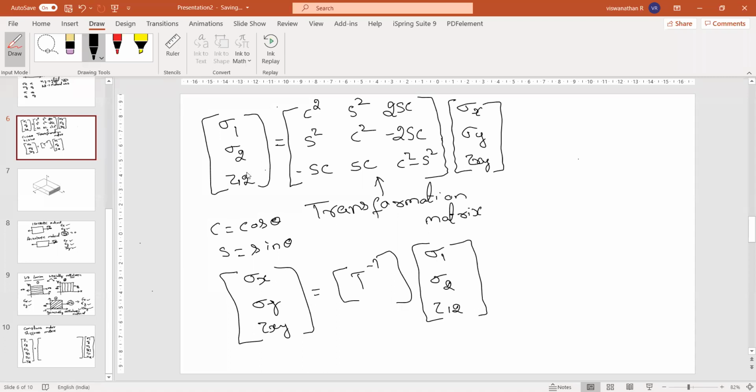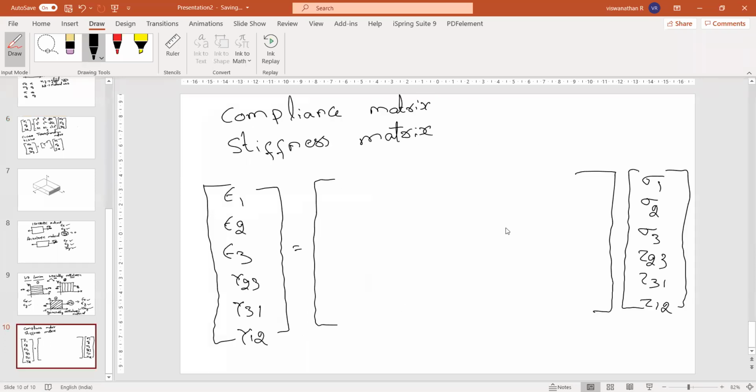It is used from the global stresses, you want to find the local stresses. So you use a transformation matrix. What is this matrix inside? What should come here? Either it must be this one or this one. Choose which one. Stiffness. Stiffness matrix.